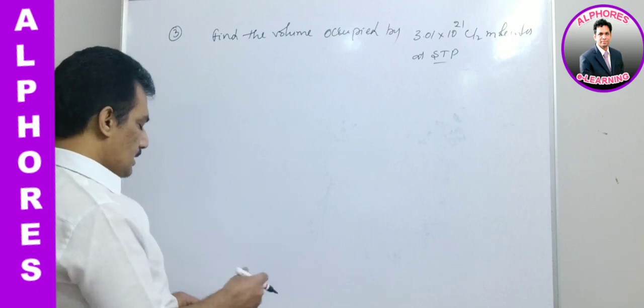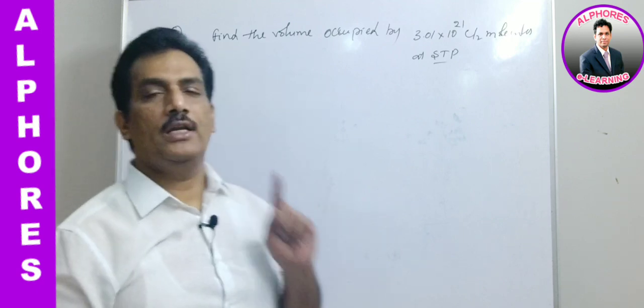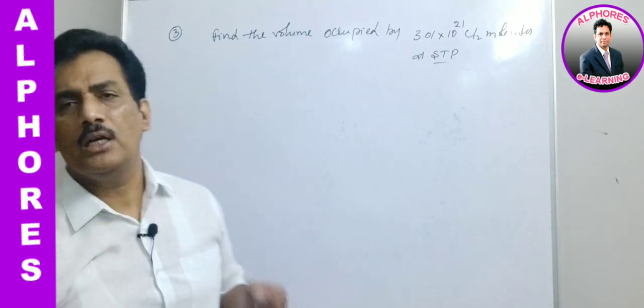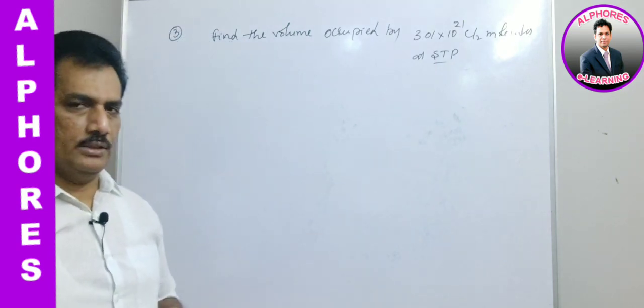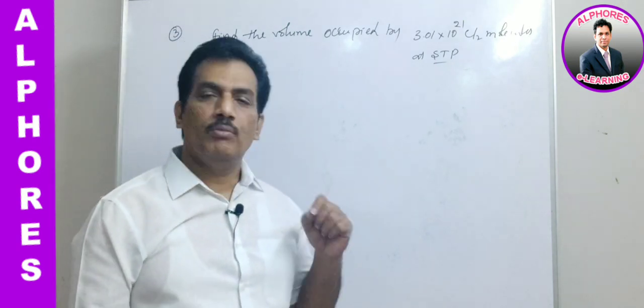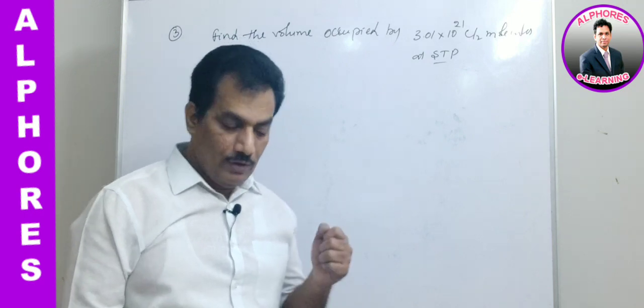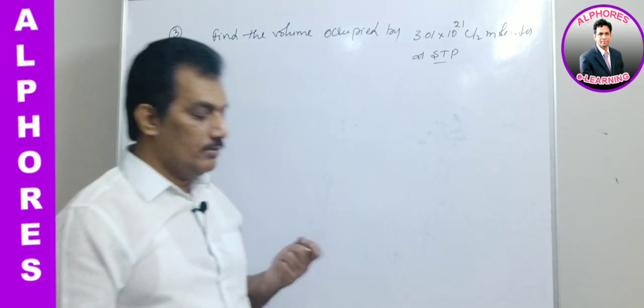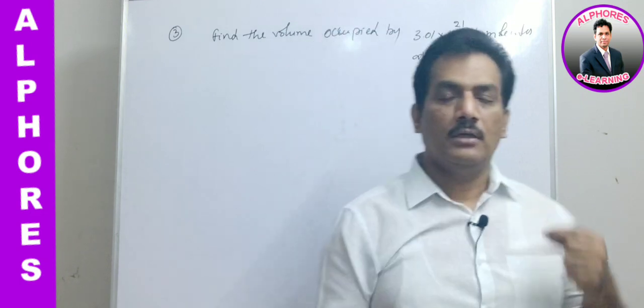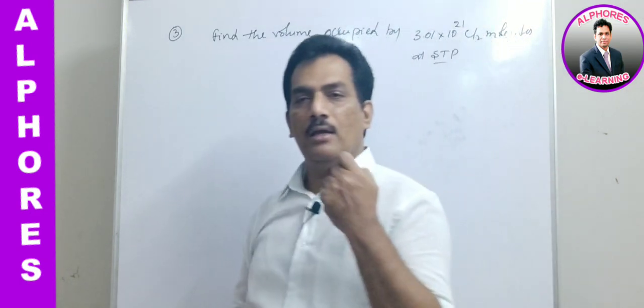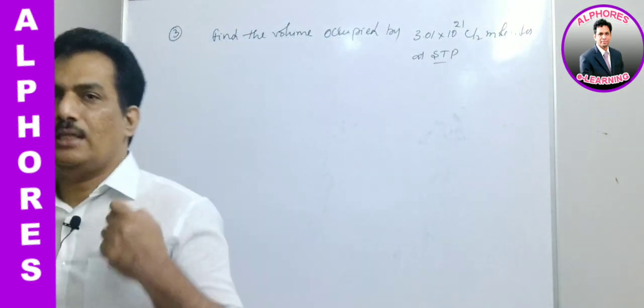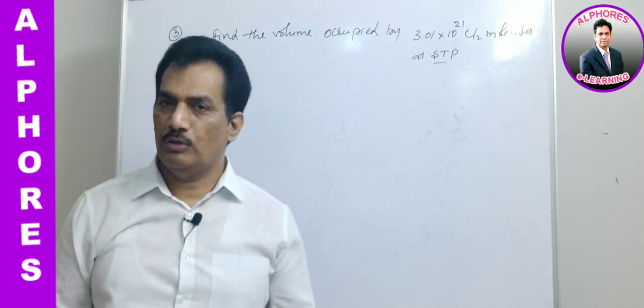In the first case, number of moles is given to find the volume. Then it is nothing but number of moles into 22.4 liters. And in the second case, they are giving the weight. So when weight is given, we convert it into moles by given weight divided by gram molecular weight, and then multiply that with 22.4.